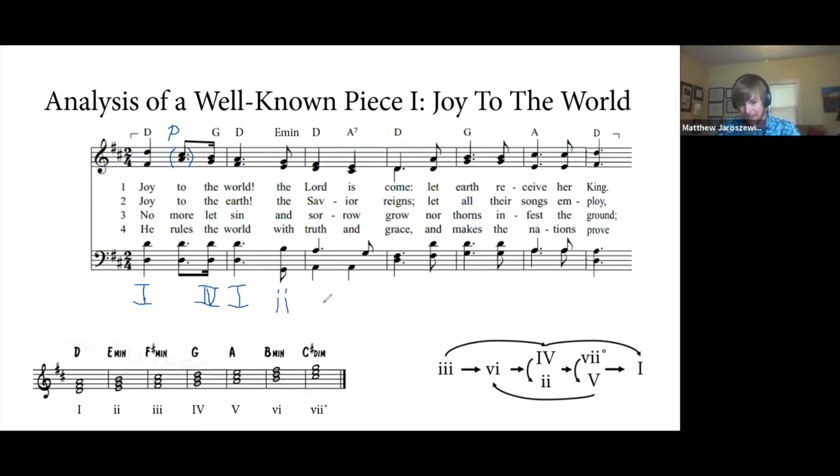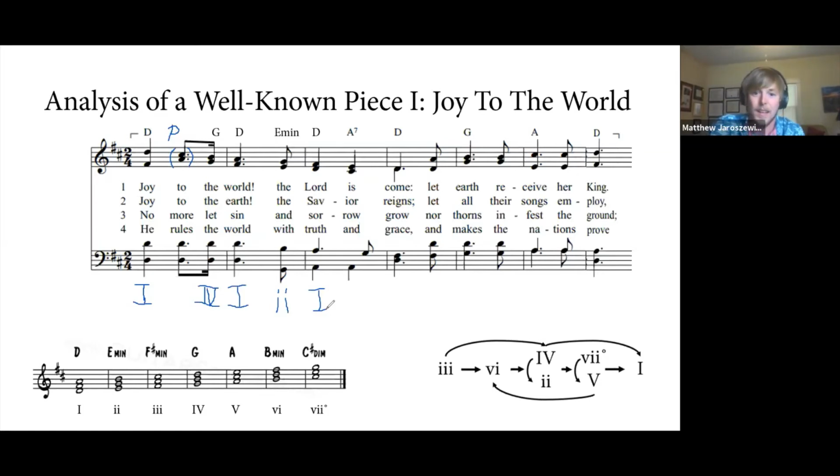2 goes to 1. D, F sharp, A. We're back at 1, but it's in second inversion. And as expected, the bass stays the same, and the chord changes from 1 to 5. And even for good measure, there's a 7th thrown in there as an 8th note. So we have our 5, 7, and as we expect, it goes back to 1.